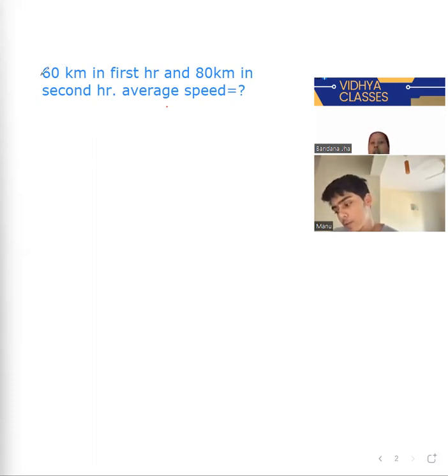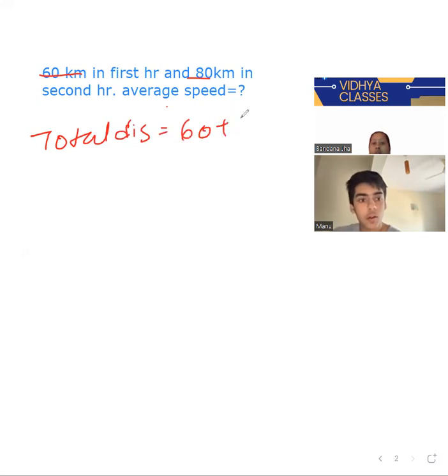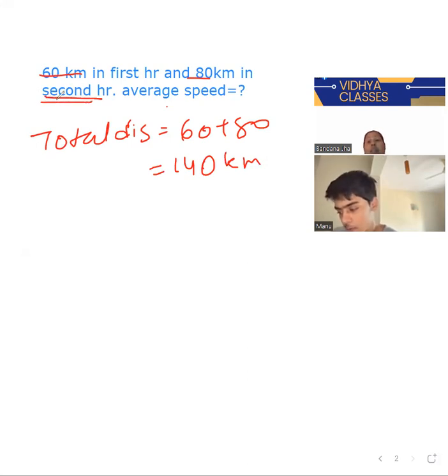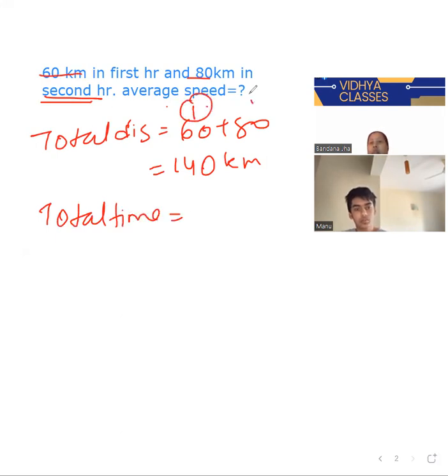Okay. So total distance will be 60 plus 80. This is equal to 140 kilometer. If time is written in hour, then you have to convert into second, because second is our SI unit. So total time is equal to what? 1 for this hour, 1 for this hour. It means 2 hours.